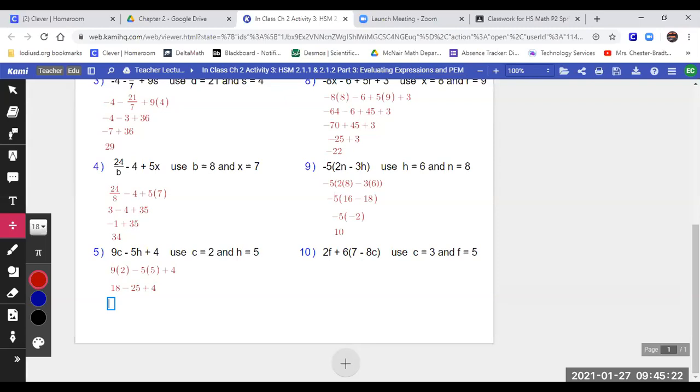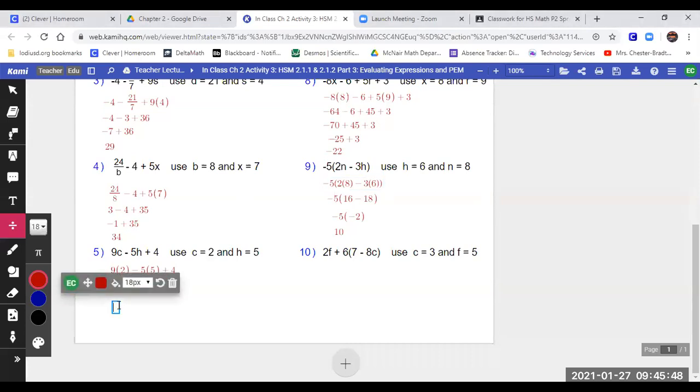When we're looking at the 18 minus 25, we're going to subtract, and we're going to get the answer that's on the sign that's on the bigger of the two numbers. So 25 is bigger. So the sign, and it's negative, that's why it's going to be a negative answer.